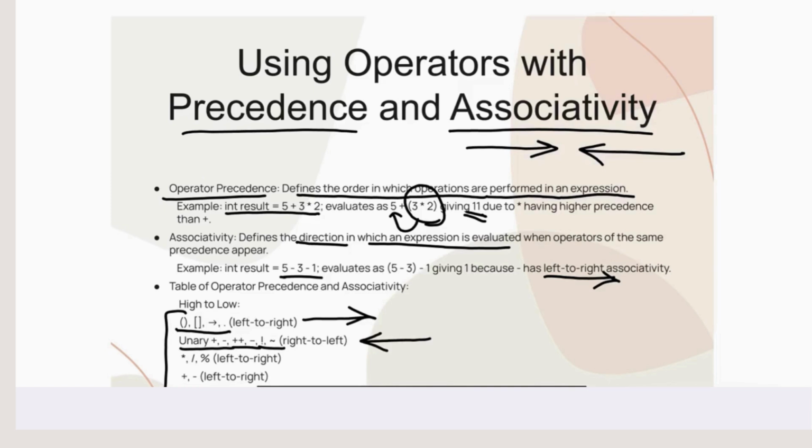Then comes multiplication, division, modulus sign, where it will be left to right. Then comes addition and subtraction, again left to right, and later the assignment operator and again left to right. Then comes relational operators and logical operators. So initially this table is considered only for expression solving and how the symbols must be given higher or lower priority.